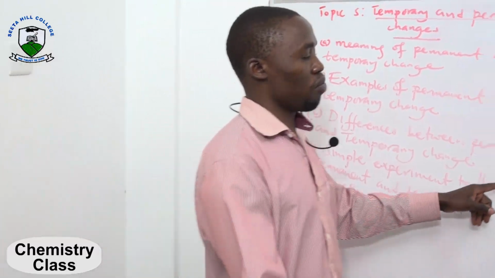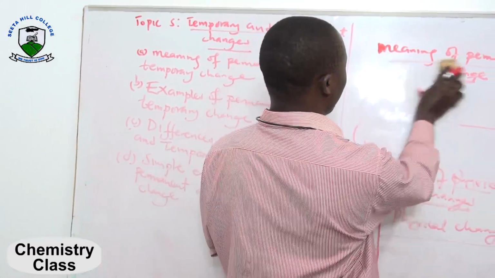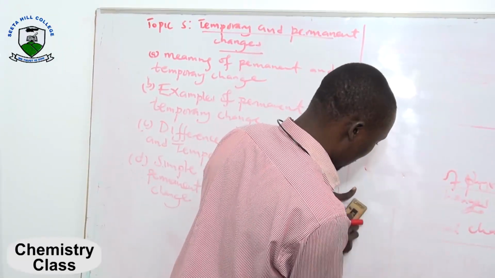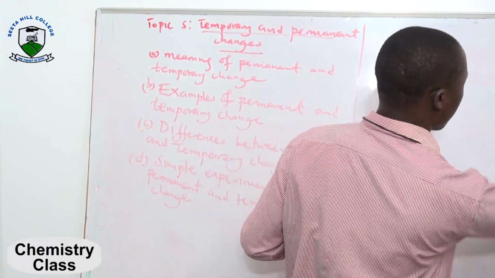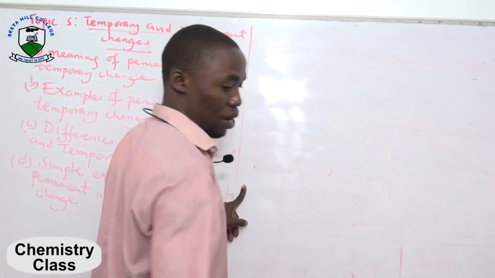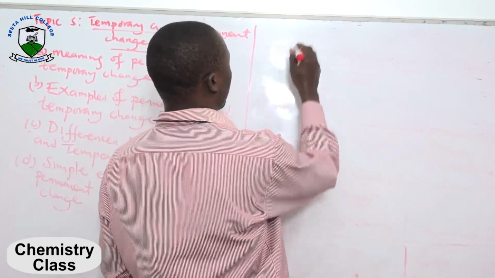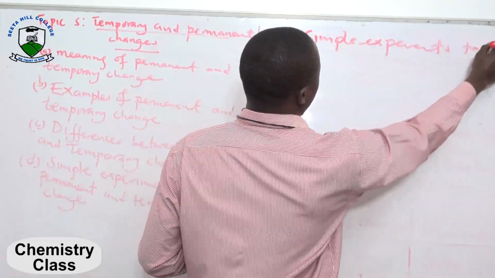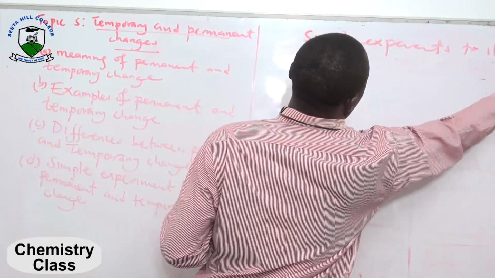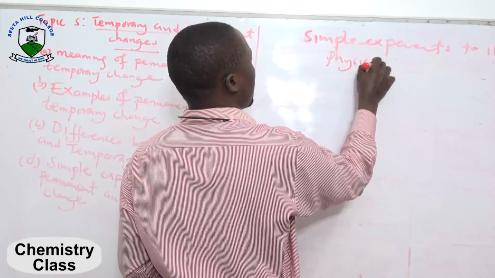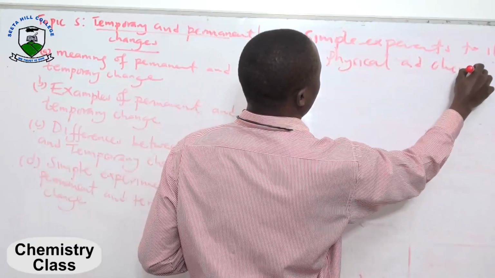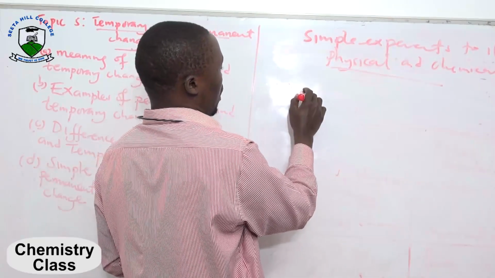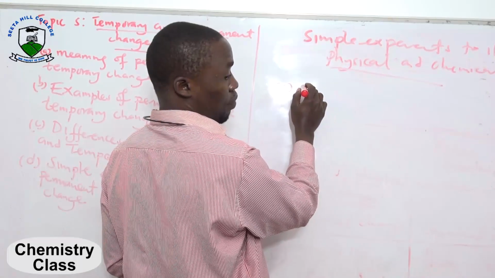Now, coming here, simple experiments to illustrate permanent and temporary change. I will request you to take over those simple experiments, and I'm going to guide you to carry them out and see whether they are physical or chemical changes. There are so many, but we shall use only two, for the interest of time. The first one is sublimation.